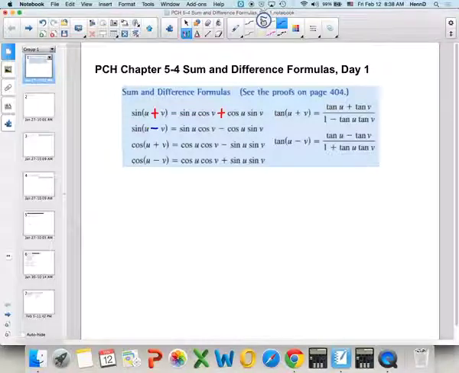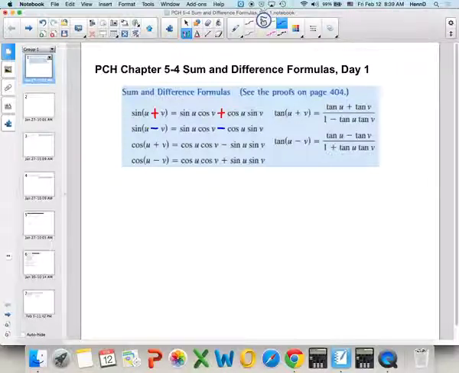For subtraction, it's subtraction. Everything else is the same in these two formulas. Now notice for the sine formula, each term is a combination: sine of one, cosine of the other.